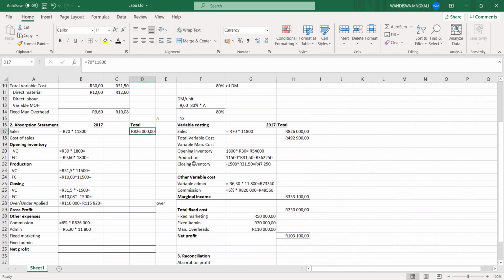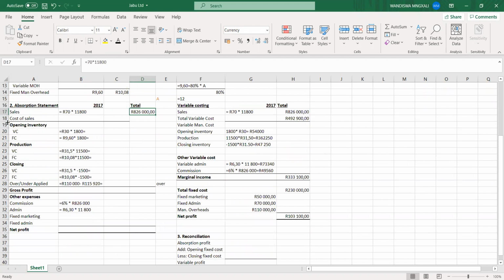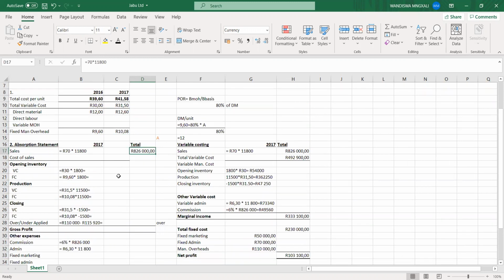So our cost of sales is kind of like a build-up. So we're going to start with our opening inventory, and we have our variable cost portion and our fixed cost portion. So for our variable cost portion of our opening inventory, we're taking the 30 Rand times 1,800. Now, why am I taking my 30 Rand variable cost and not my 31 Rand?